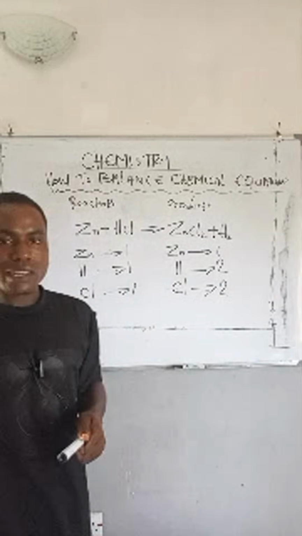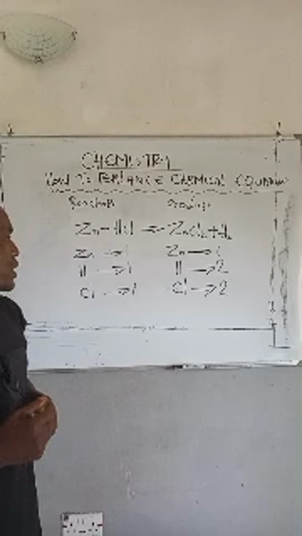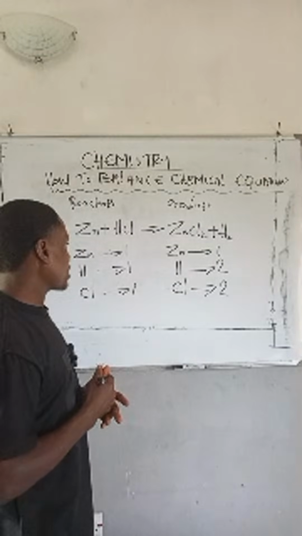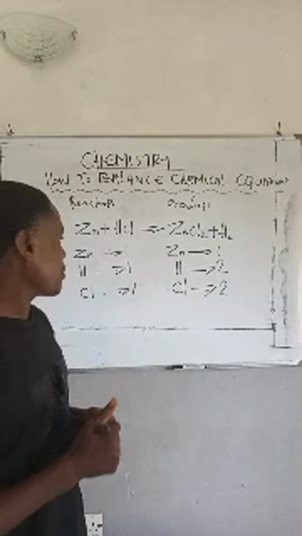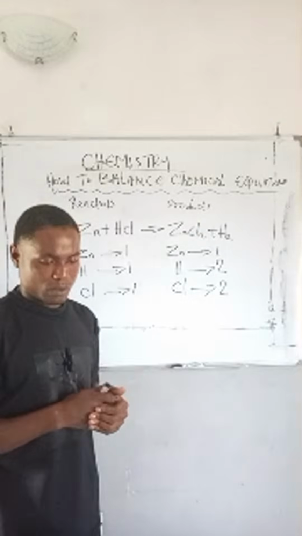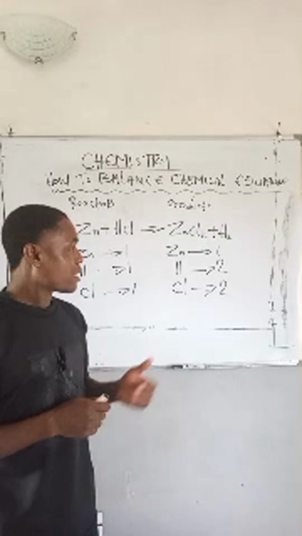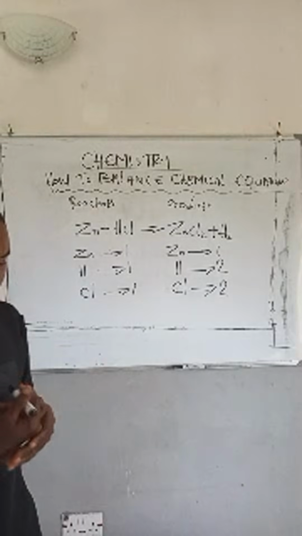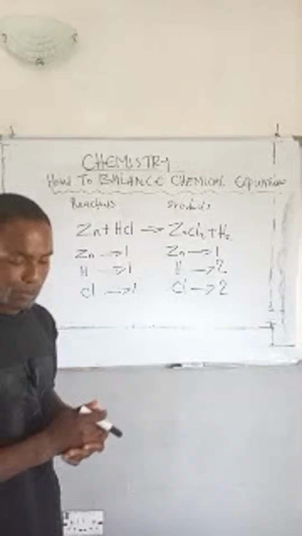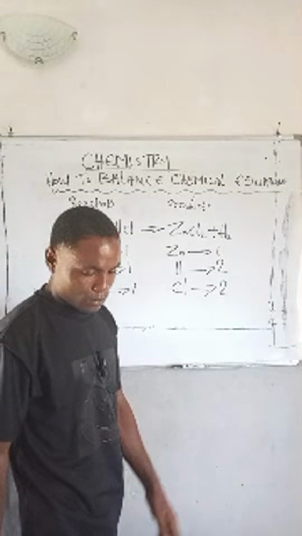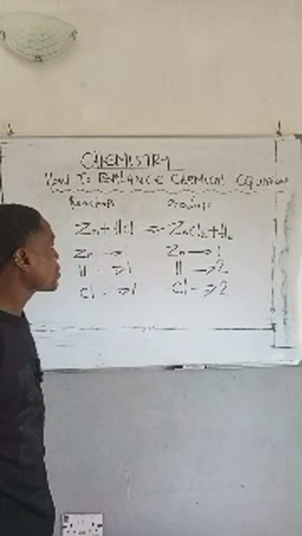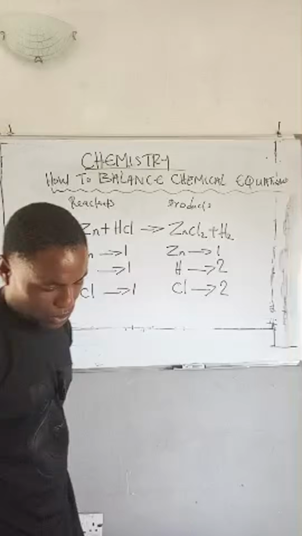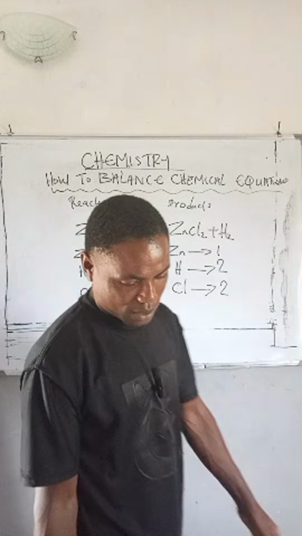Now check the chemical equation. What are the unbalanced atoms here? And which one are we balancing? And which one is balanced? Comment fast.